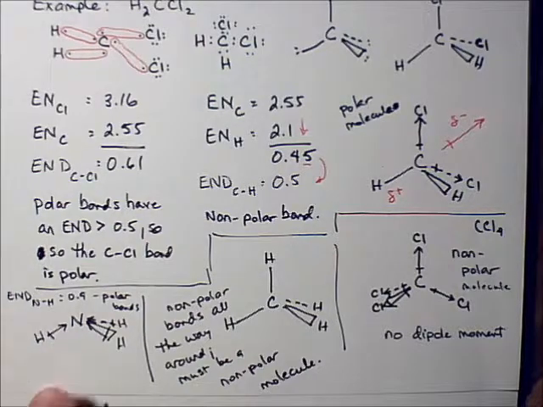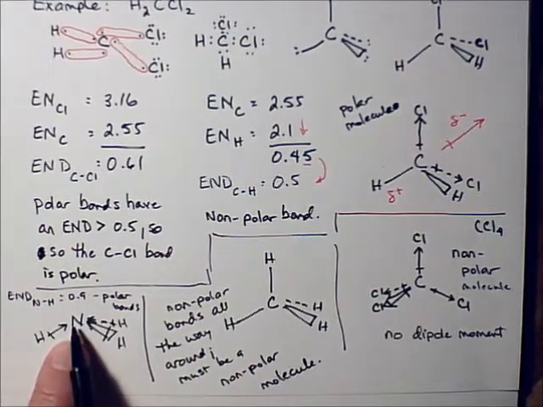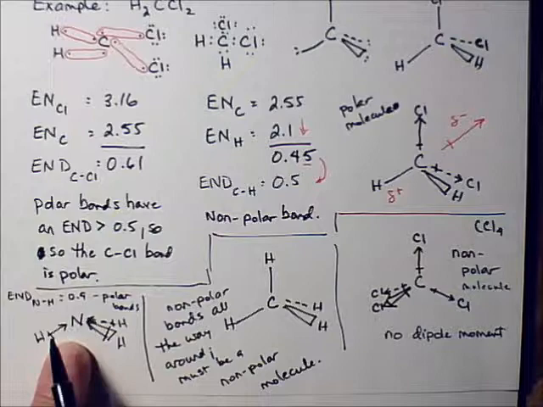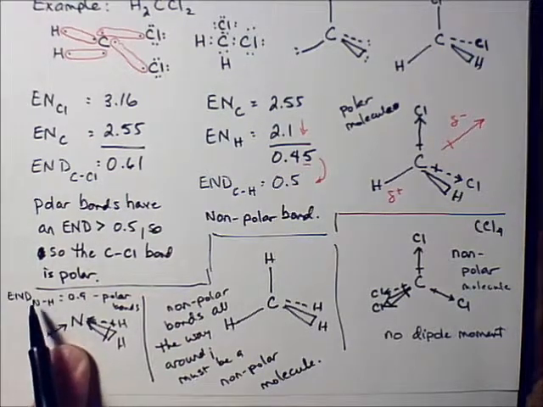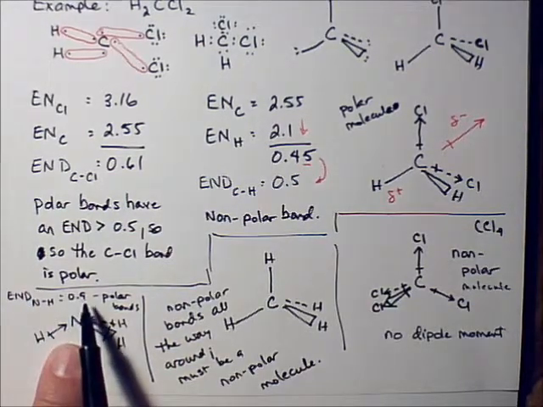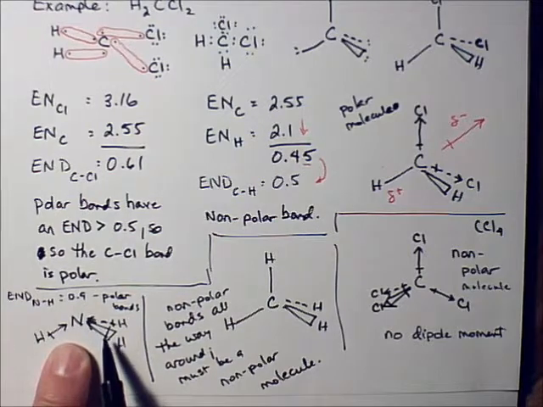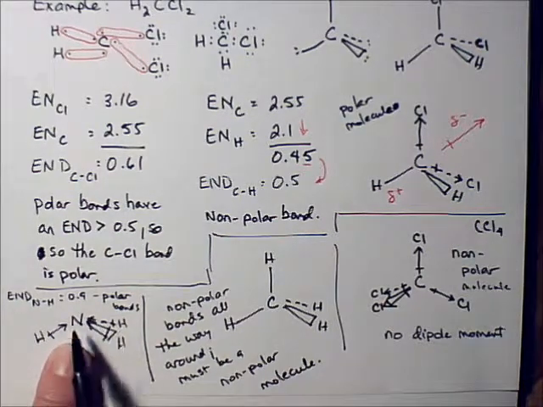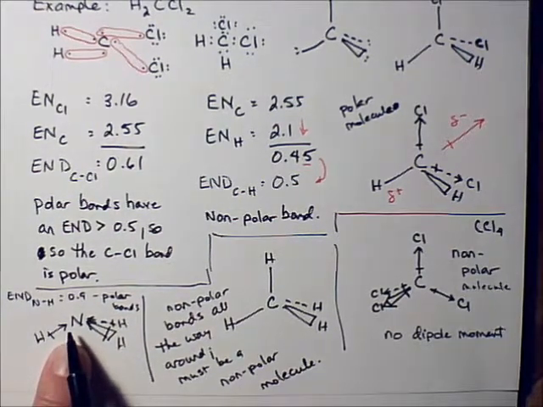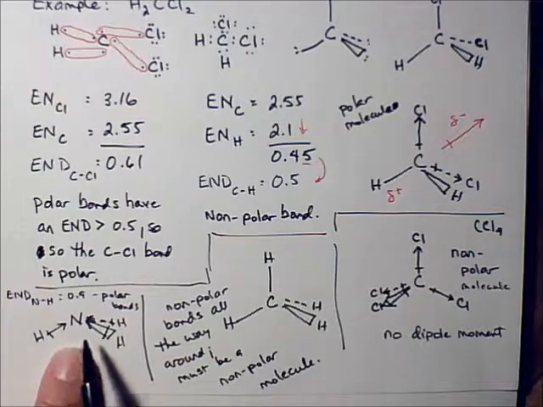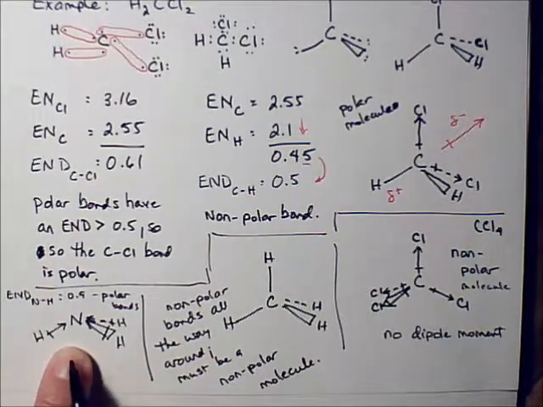Because nitrogen is more electronegative than hydrogen, and the electronegativity difference is greater than 0.5, this is an uneven arrangement. So by definition, since all the bonds are the same and they're all polar, that unevenness creates an asymmetry.